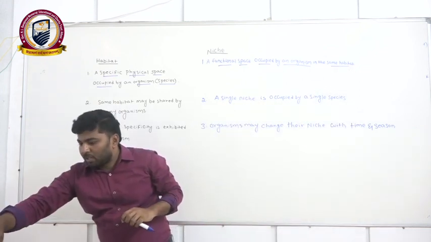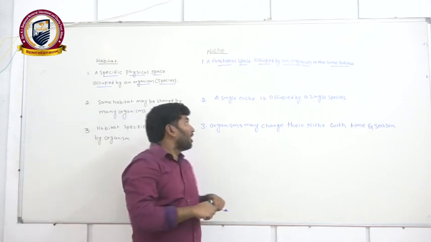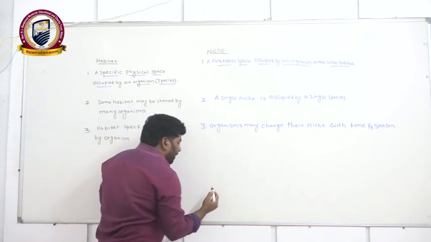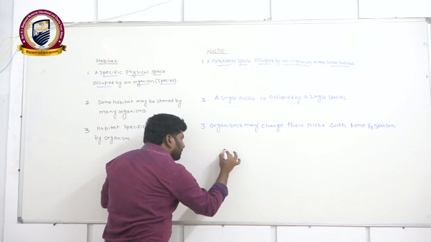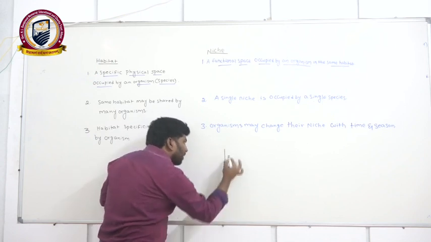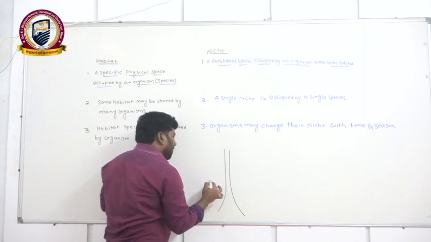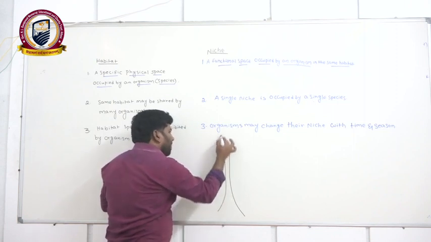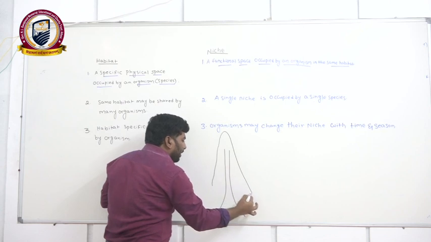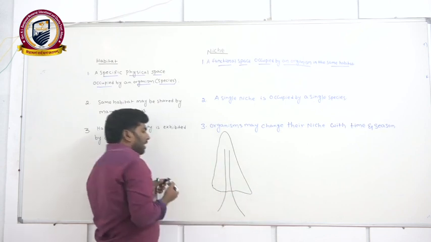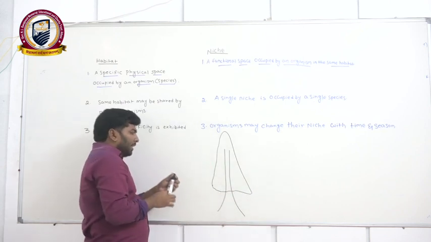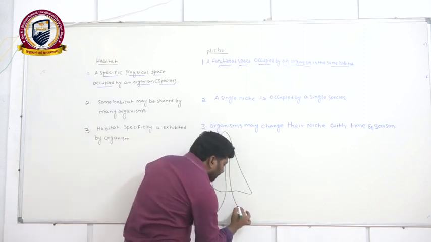Now you can observe clearly. For example, if you take this one tree, this tree is a habitat.